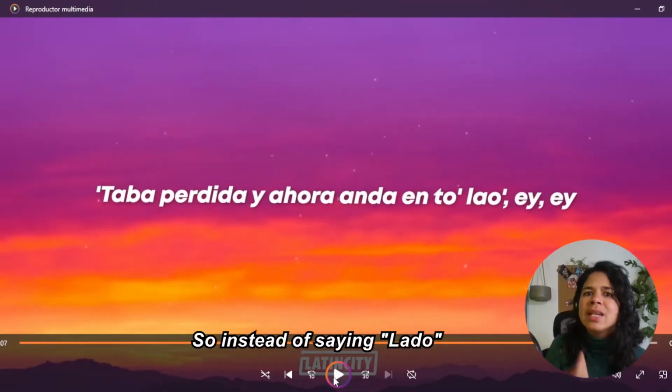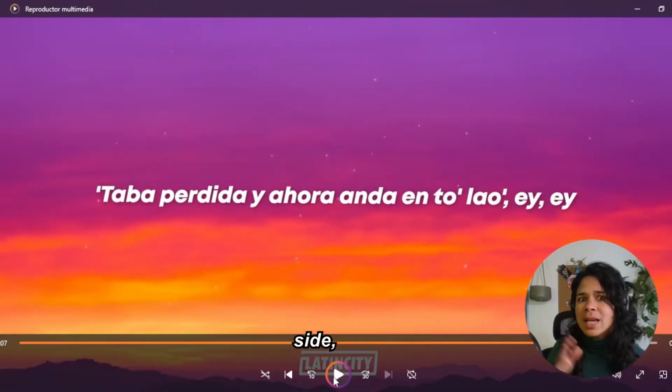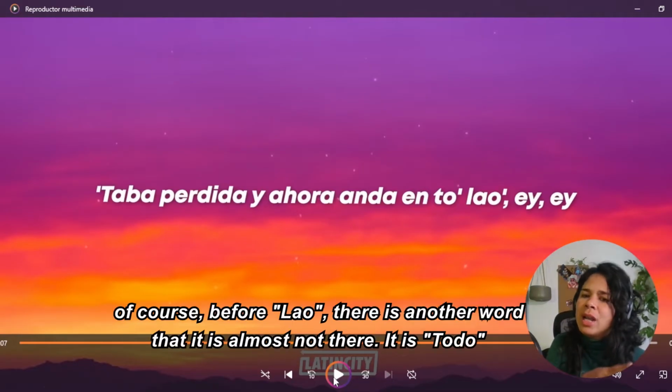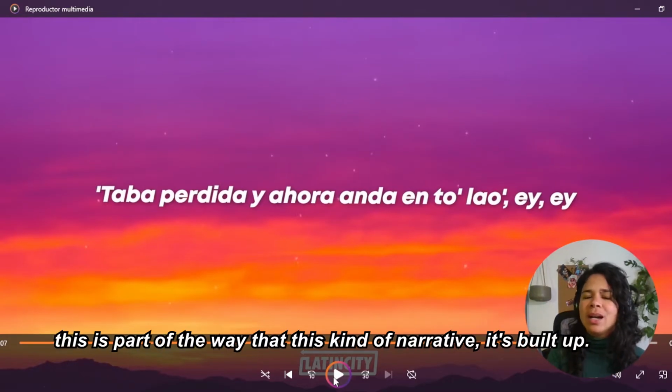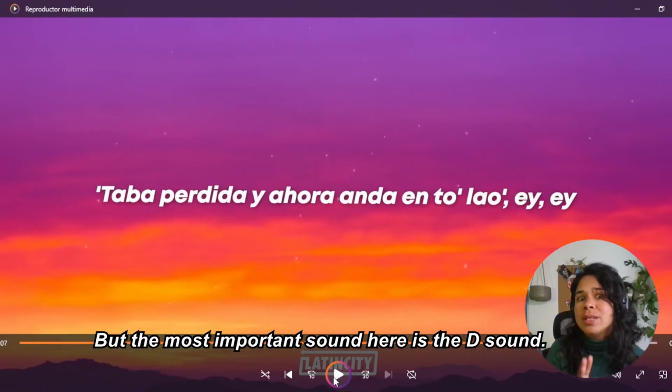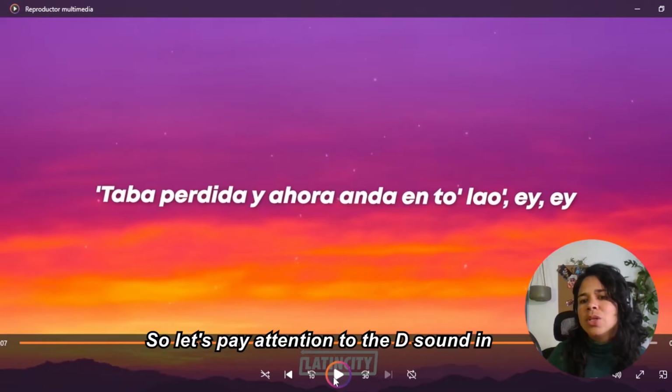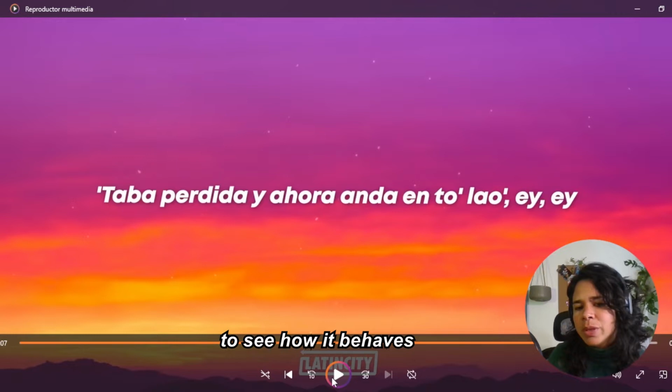So instead of saying lado, side, he's saying lao. Of course, before lao, there is another word that is almost not there. It is todo. But this is part of the way that this kind of narrative is built up. But the most important sound here is the D sound. So let's pay attention to the D sound in lado to see how it behaves.